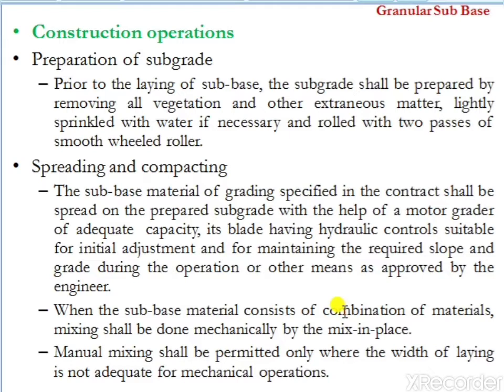is cleared of all vegetation. The subgrade is sprinkled with water, a minimum quantity of water, and if necessary, the subgrade is rolled with 2 or 3 passes of a smooth wheeled roller. What will happen when the subgrade is rolled with a roller?